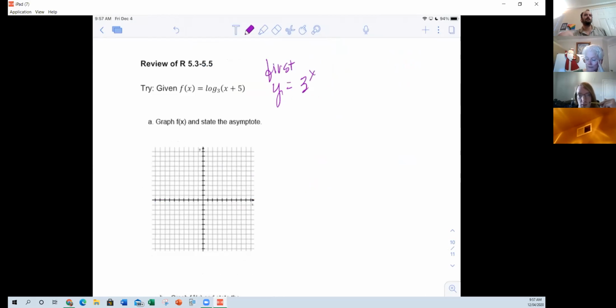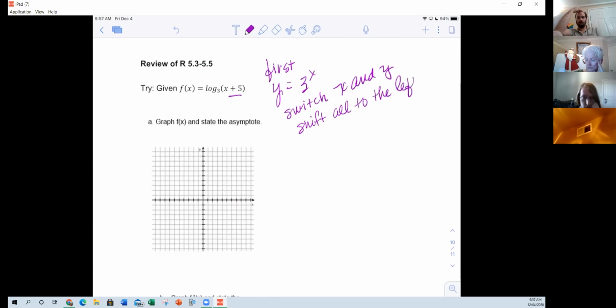Then you would find the inverse by switching the x and the y. But then you would shift those points to the left 5. So now the asymptote is going to change. So the asymptote would become x equals -5.